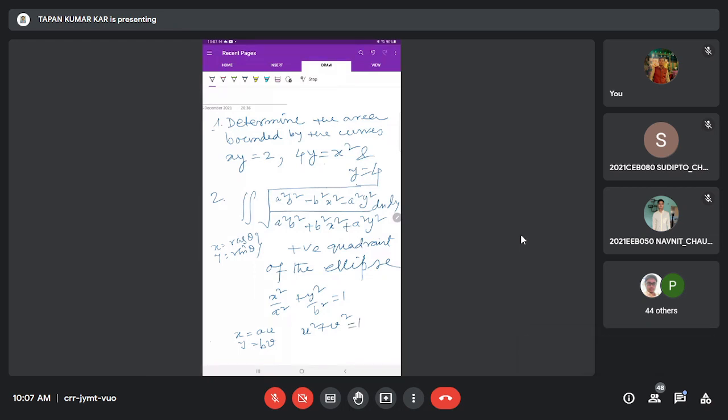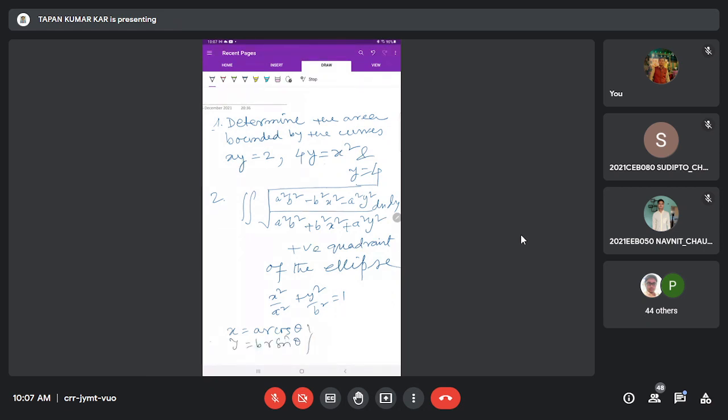Instead of giving two separate transformations, you can also use x equal to a r cos theta, y equal to b r sin theta.